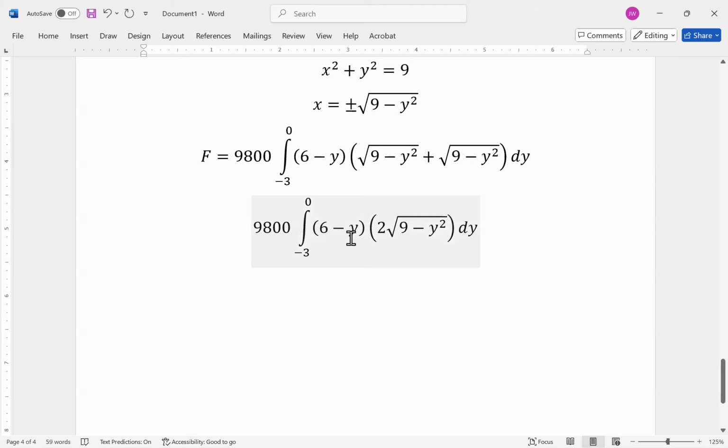The 6 minus y needs to be in parentheses, as well as the 2 times the square root of 9 minus y squared also needs to be in parentheses.